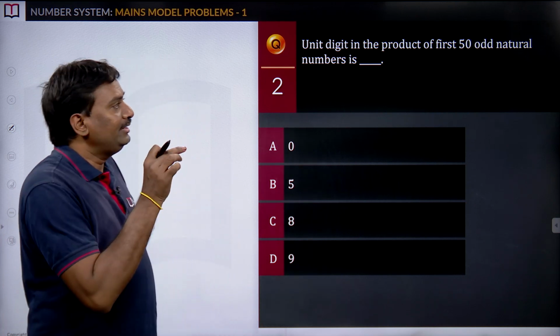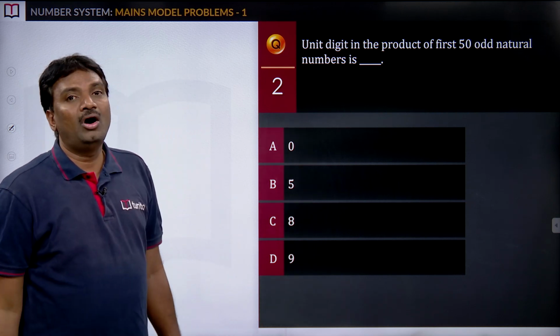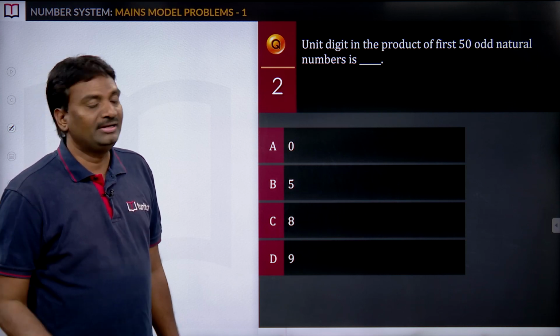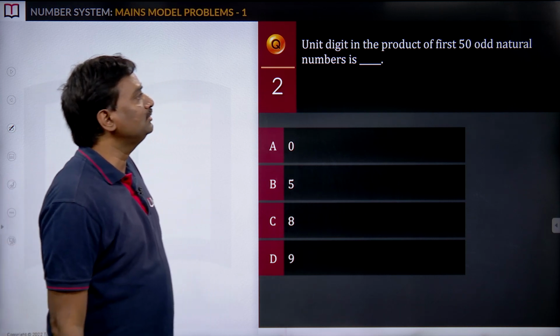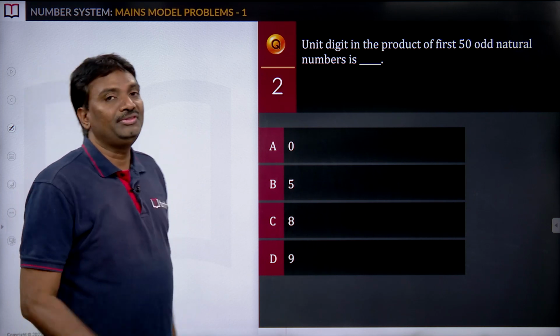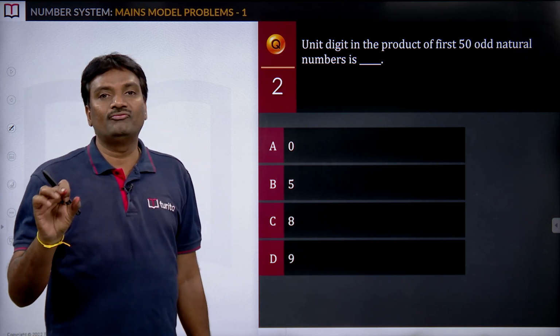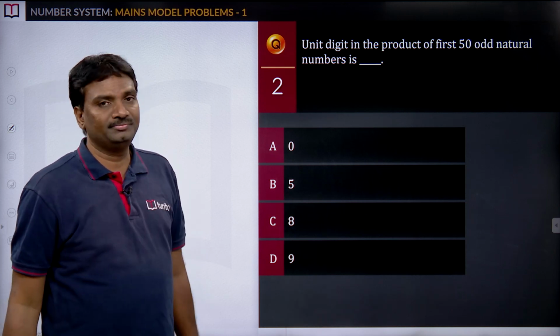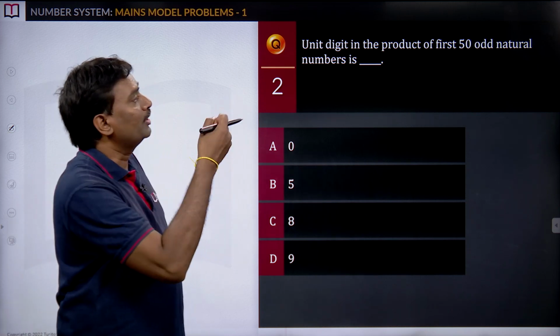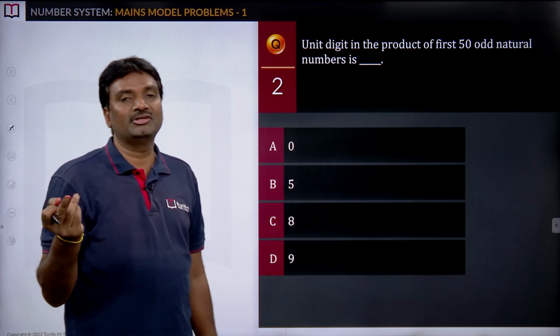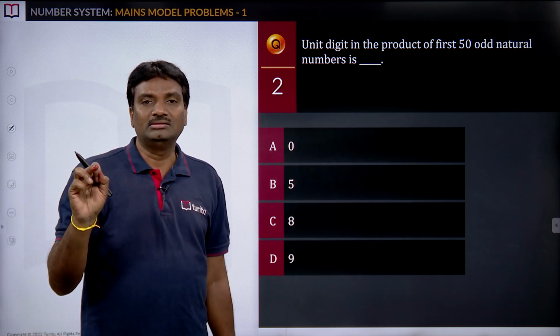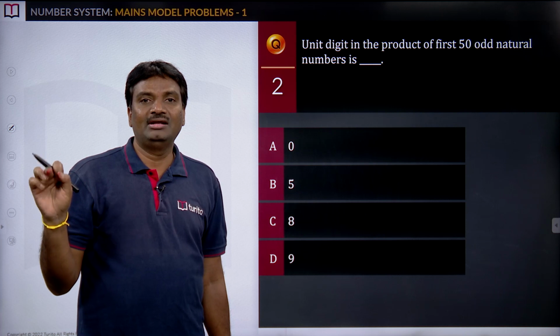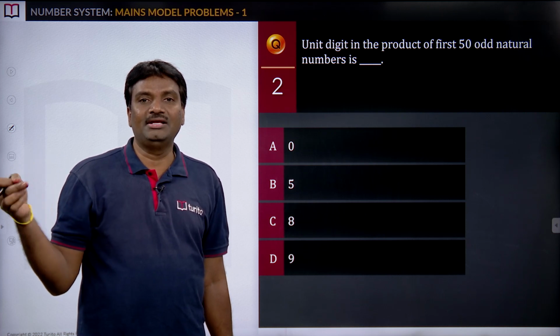By taking those 50 odd natural numbers, what is the unit digit? You do not want to find the product of all 50 odd natural numbers. Unit digit in the product of first 50 odd natural numbers: 1, 3, 5, 7, 9, 11, 13, and so on.